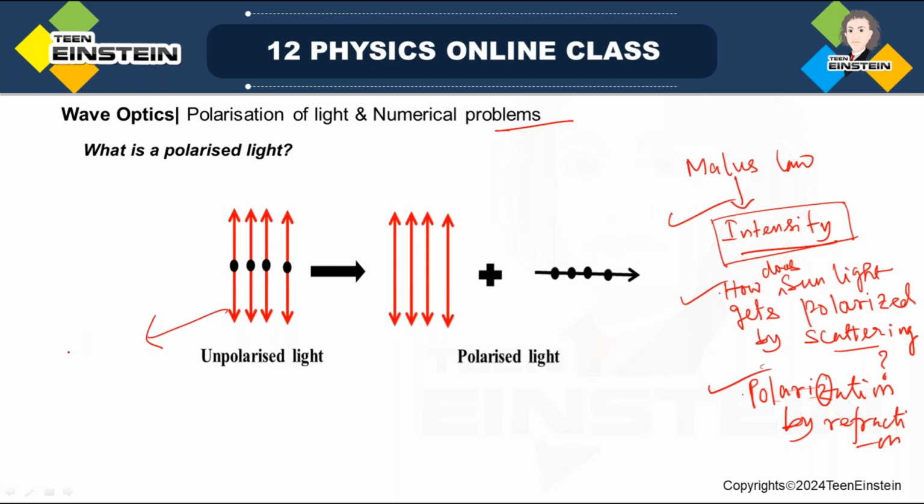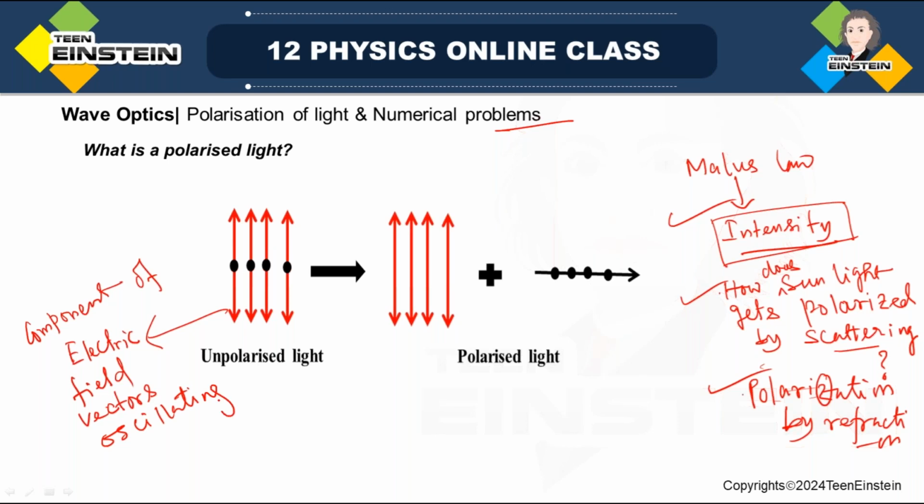These are representing the electric field vector, or a component of the electric field vector, oscillating in the plane of the paper or plane of the screen itself. And these dots are representing the electric field vectors oscillating in a plane perpendicular to the plane of the paper.